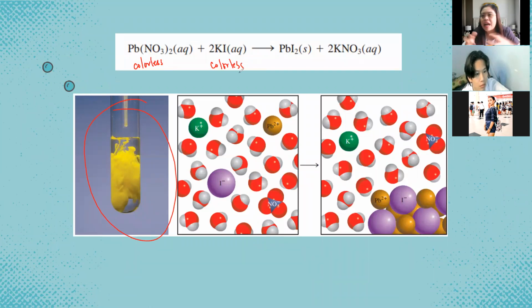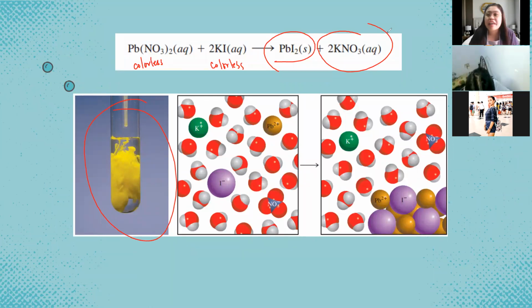But when we mix them, as you can see in the test tube on the screen, you will have a yellow solid substance, and that is the lead iodide. Okay, that is lead iodide. The other part of the liquid will be the potassium nitrate. So that is how the reaction goes.